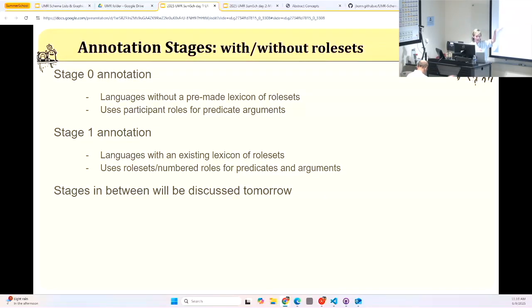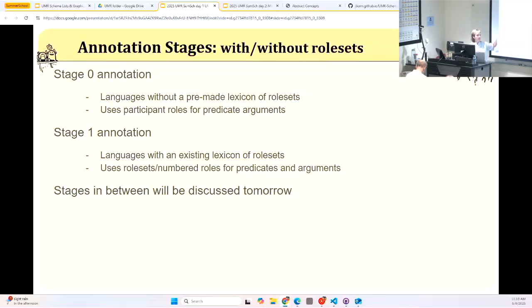And this is what I mentioned about the annotation stages. Is there anything there that I didn't mention? Basically, I think the thing I didn't say is that if you start with stage 0 annotation, say you have a language like Arapaho, there's some amount of language documentation that's been done on it. Maybe there's a dictionary. There aren't role sets.